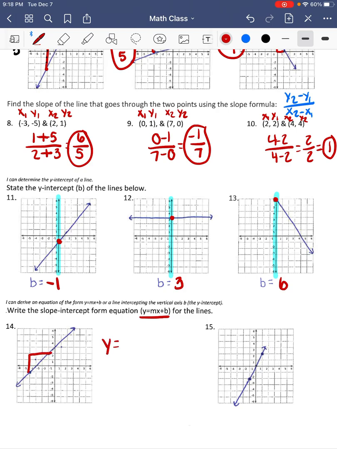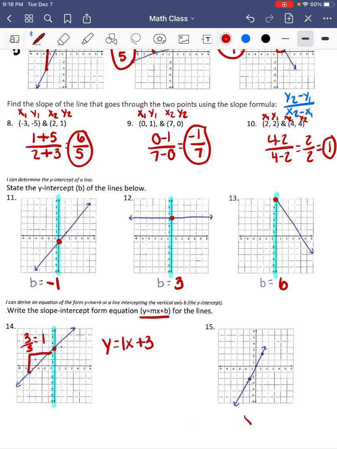So our equation for this one is going to be up 3 over 3, and 3 over 3 reduces to 1. So this is y equals 1x. Then for our y-intercept, we're going to look and see where this line hits our y-axis, which is right here at positive 3. So we're going to put plus 3.